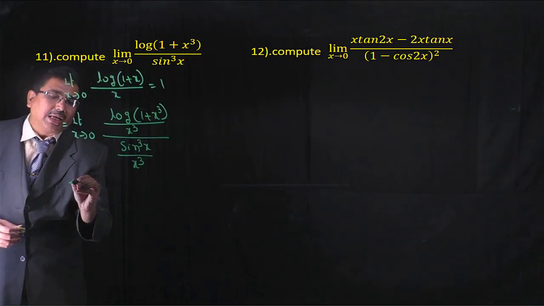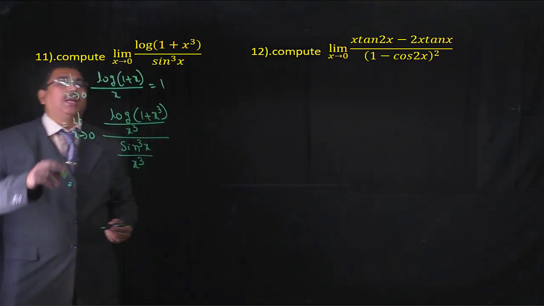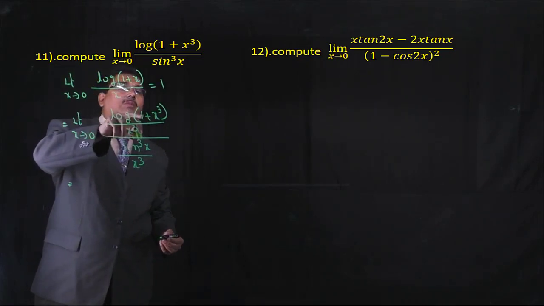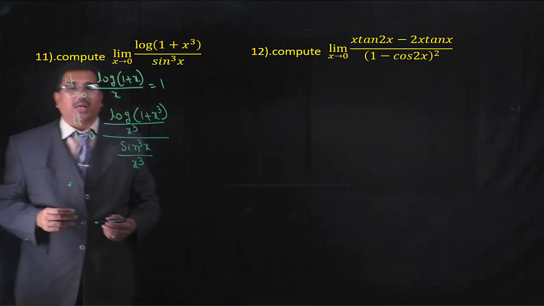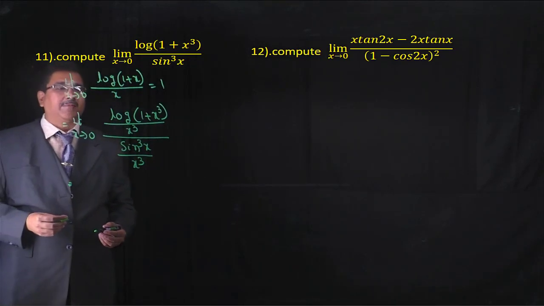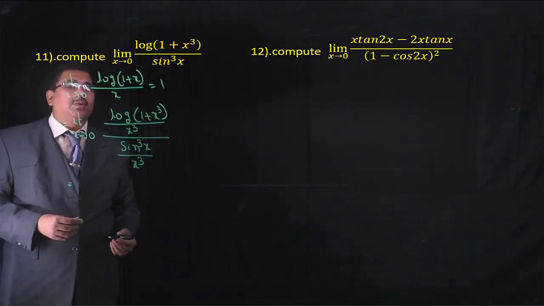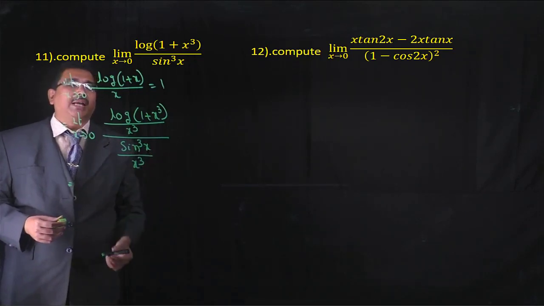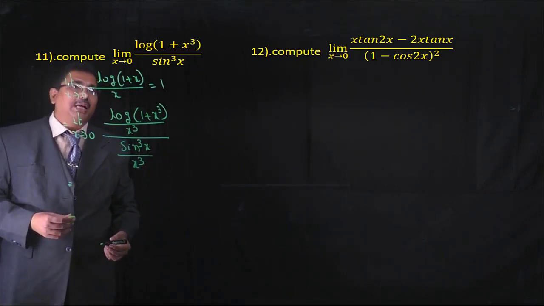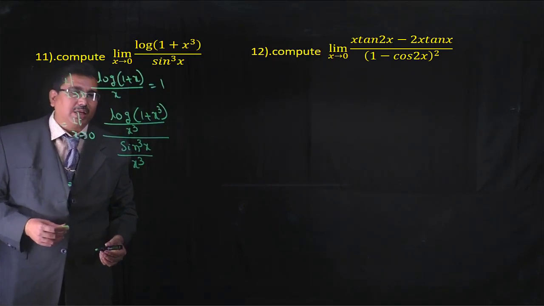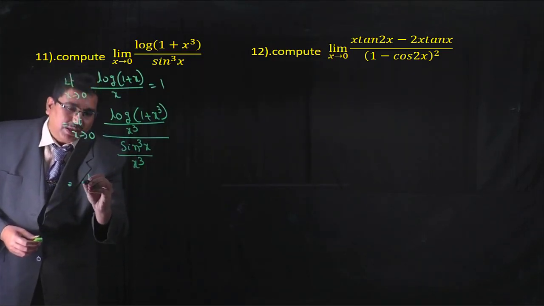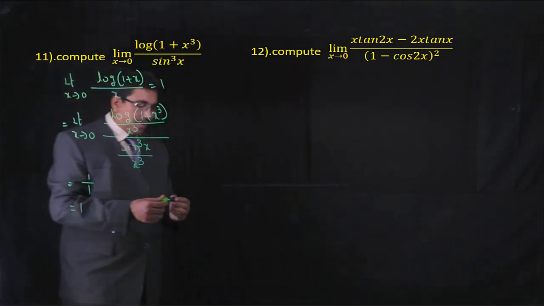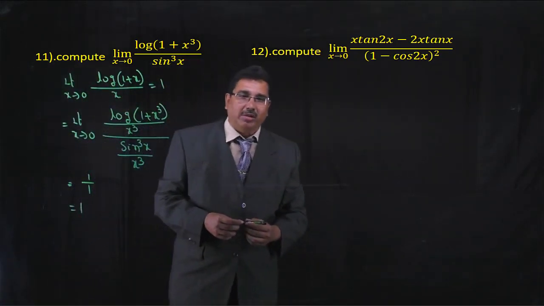Now, applying the above formula, limit y tending to 0, logarithm of 1 plus y divided by y, is equal to 1. In the denominator also, limit x tending to 0, sine cube x divided by x cube, is also equal to 1. So 1 by 1 is equal to 1. That is the limit value of the given problem.